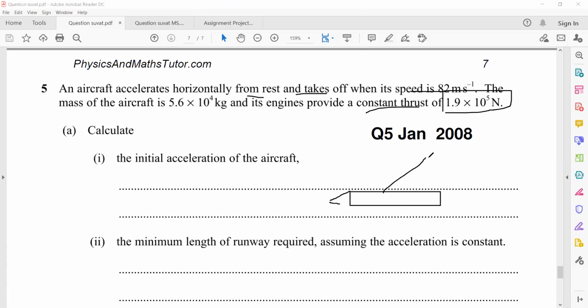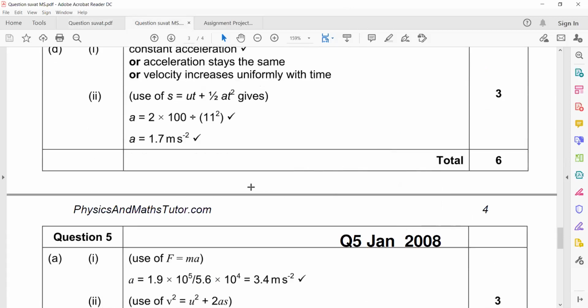So what happens to the resultant force? The resultant force will decrease. If the resultant force is decreasing, acceleration will also decrease. So in practice, acceleration will not be constant even if the driving force or thrust is constant. So you can see the last part.